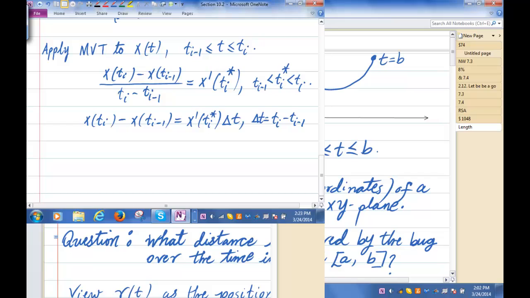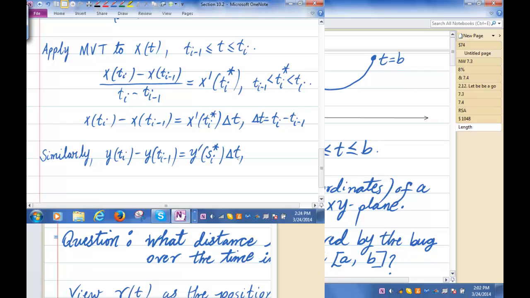Okay, so similarly, I can do the same thing to y, right? So similarly, I could say that y sub t i minus y sub t i minus 1 is equal to y prime of s i star times delta t.